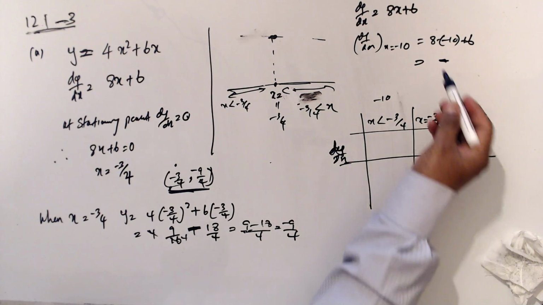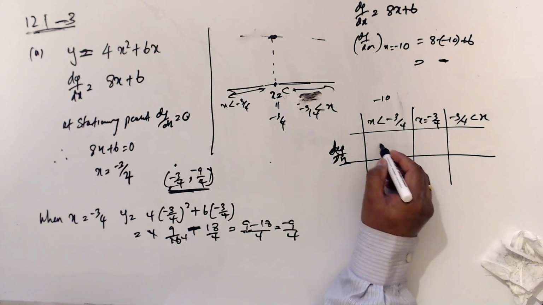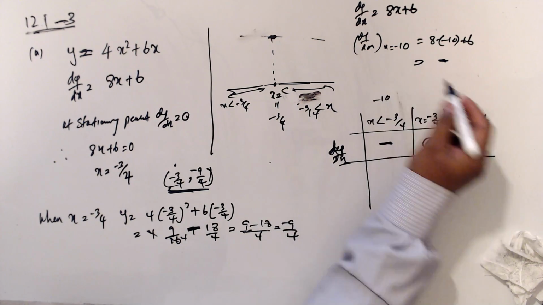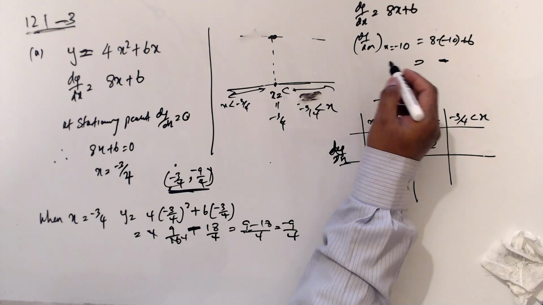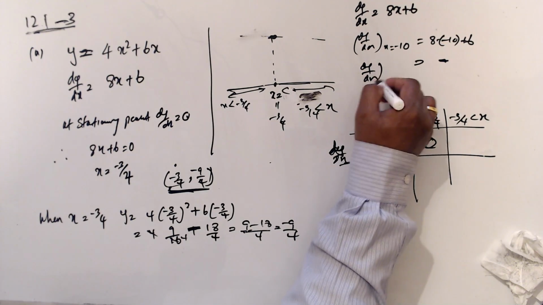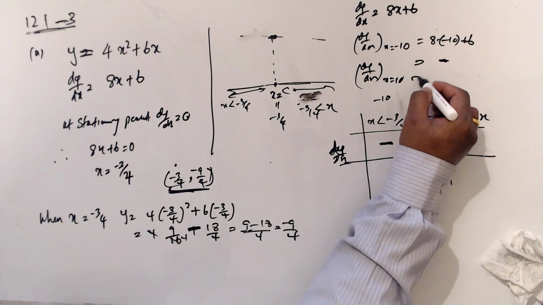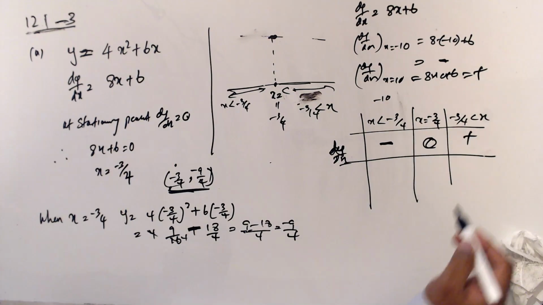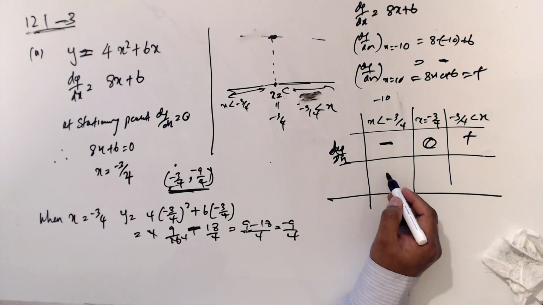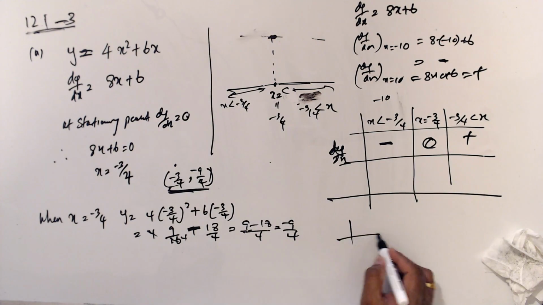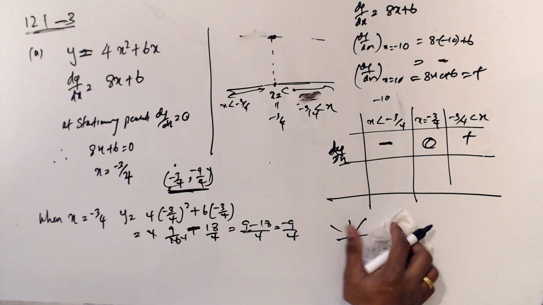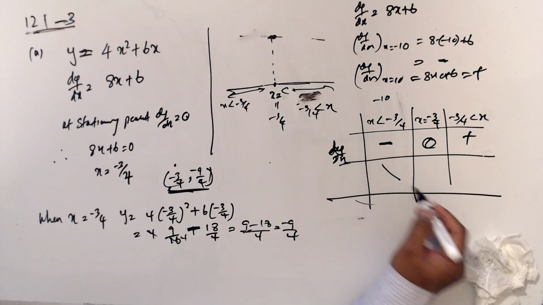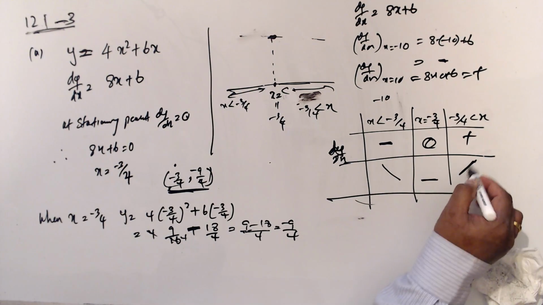This is minus 80, so this value is negative, and this is 0. Now greater than minus 3 over 4, let's say 10, so dy over dx when x equals 10 is 8 times 10 plus 6. That value is positive. You know what a gradient is, right? So this is a positive gradient, this is a negative gradient. Here negative, here it is 0, here it is positive.